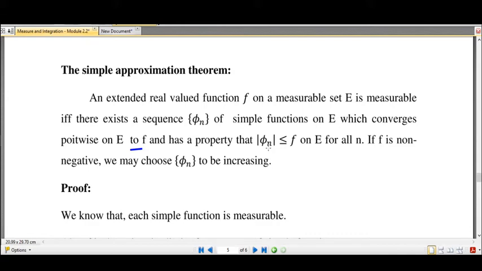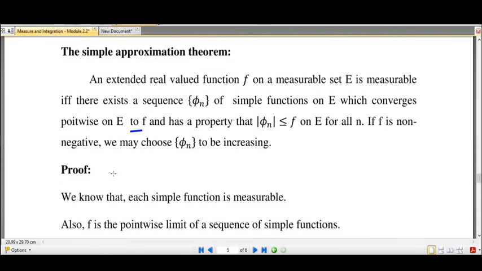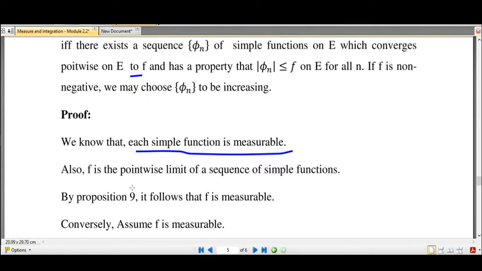Suppose f is a non-negative function; we may choose the sequence phi n of simple functions to be an increasing sequence. One part we can easily prove, because we already know that each simple function is a measurable function, and we assumed that f is a pointwise limit of a sequence of simple functions.